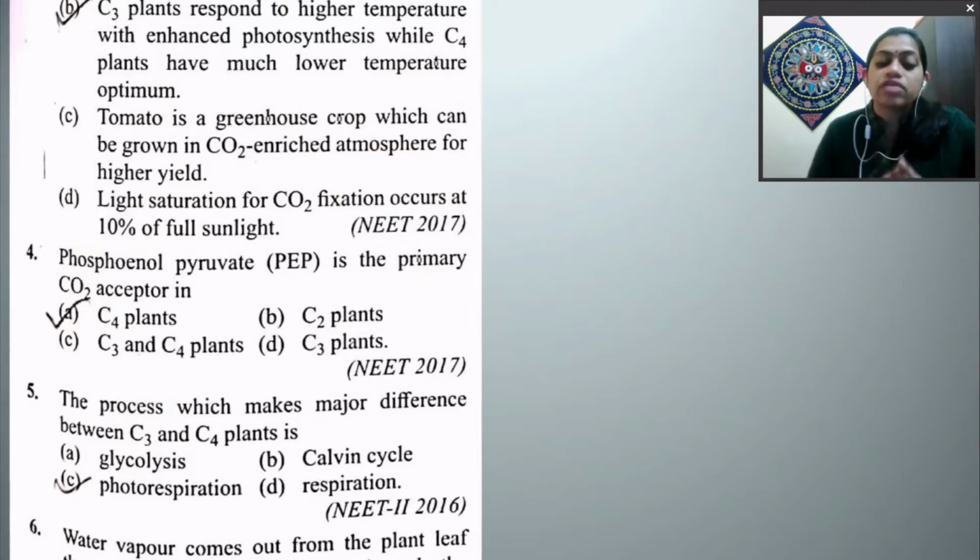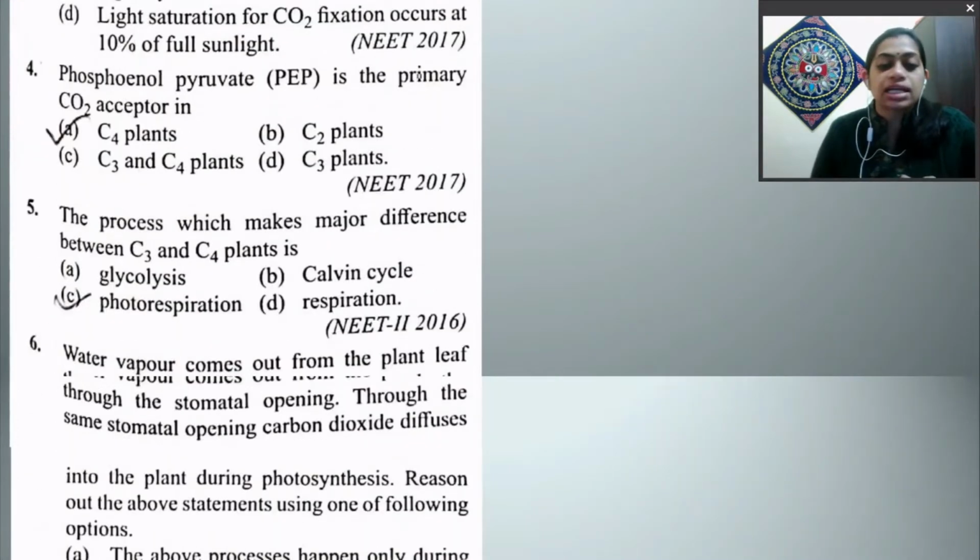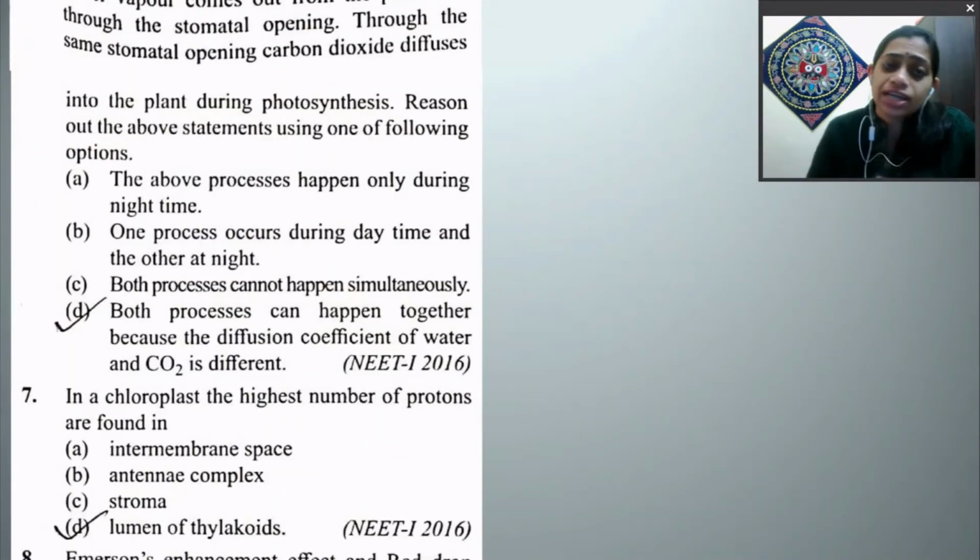Number 6: water vapor comes out of the plant leaf through the stomatal opening. Through the same stomatal opening, carbon dioxide diffuses into the plant during photosynthesis. Reason out the above statement using one of the following options. A: the above processes happen only during night time.